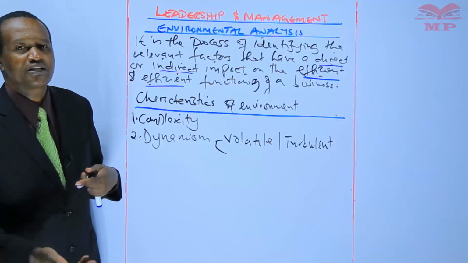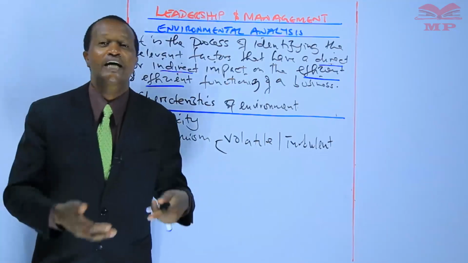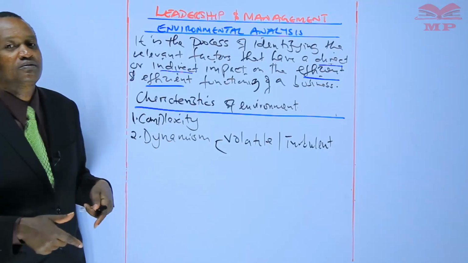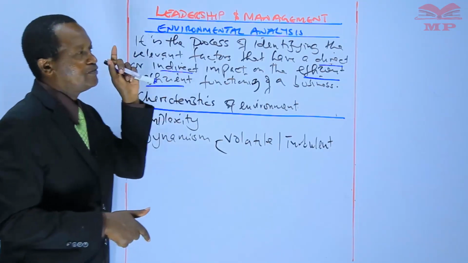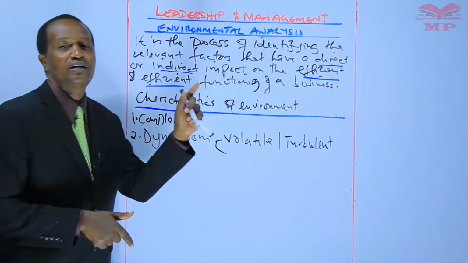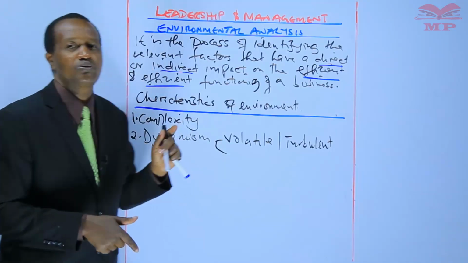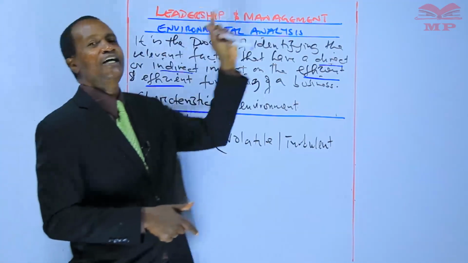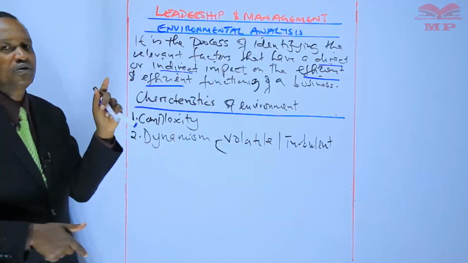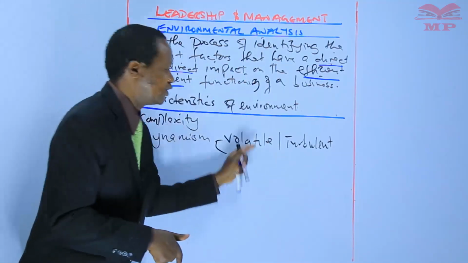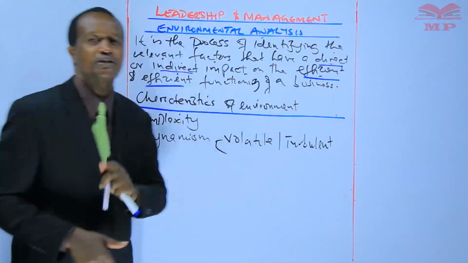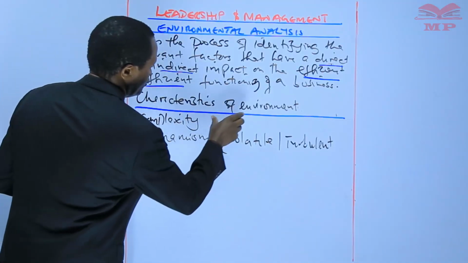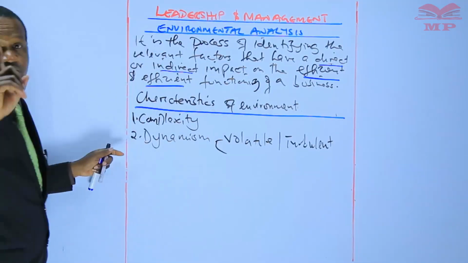So we're saying here that the environment is dynamic and it changes continuously. And that change can be very fast as well as unpredictable. And when that rate is very high and variable, the environment becomes volatile or turbulent. That's the second feature of the environment in which a business operates.